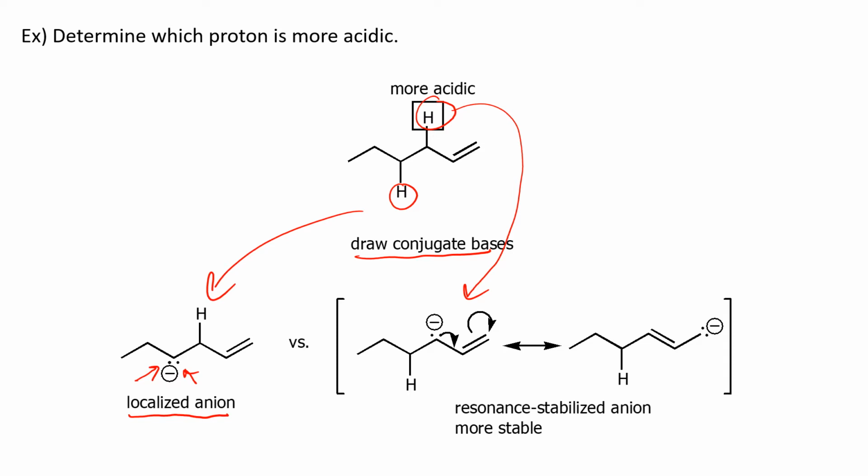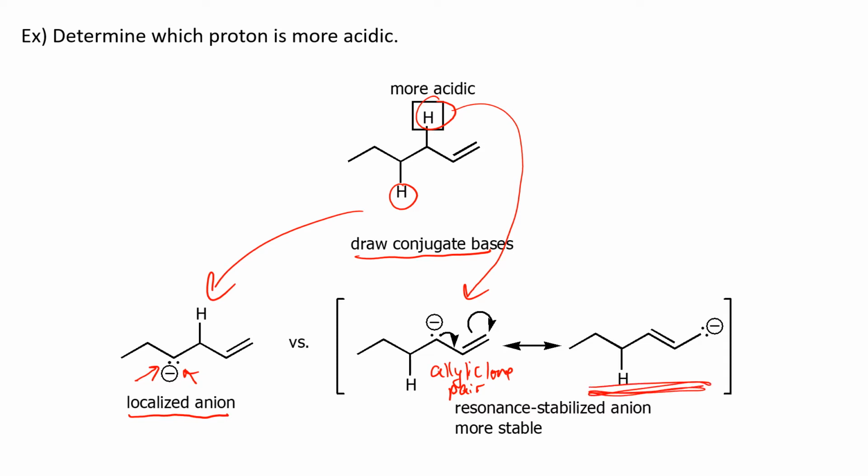There's no resonance stabilization. However, the second proton gives us the allylic lone pair pattern. And we know to push the arrows for this pattern. We get our second resonance structure here.